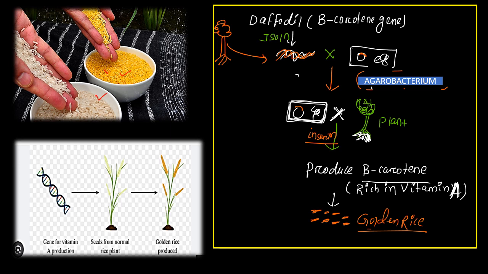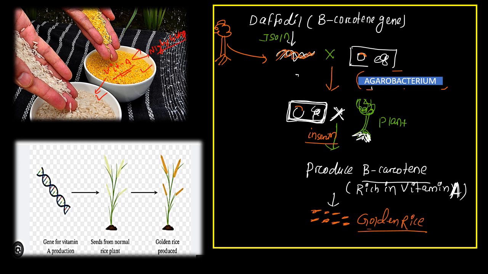Golden rice produces more vitamin A than normal rice, and vitamin A helps in maintenance of the body, for example protecting from night blindness.